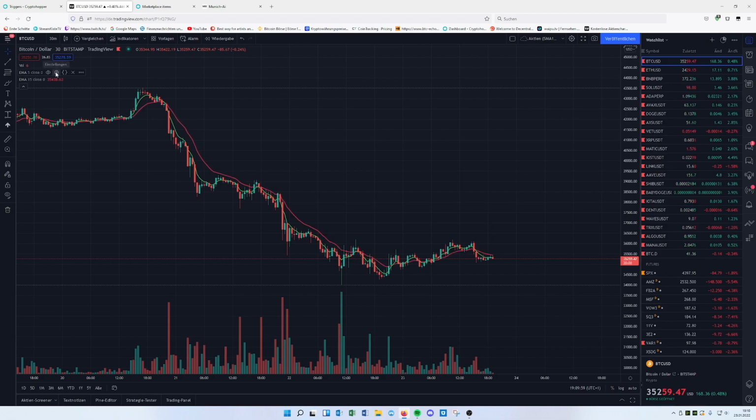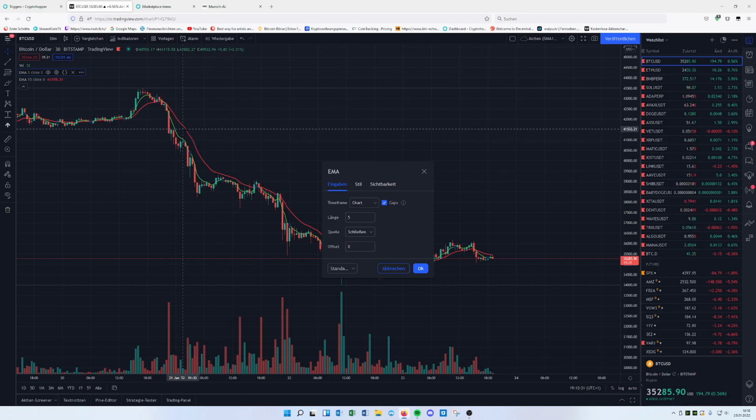You go on the first one, on settings, put in length 5, and on the other one you choose 15. The smaller one is more active, more volatile, because it's not that long. It's only looking at the last 5 candles, so it's closer to the candles. The other one is longer, 15, looking at the last 15 candles.